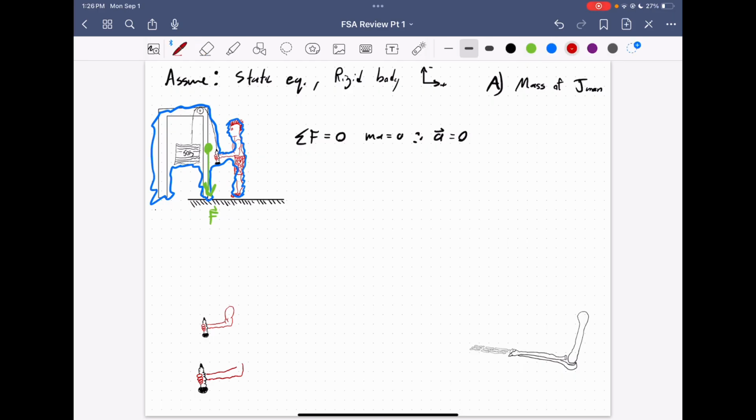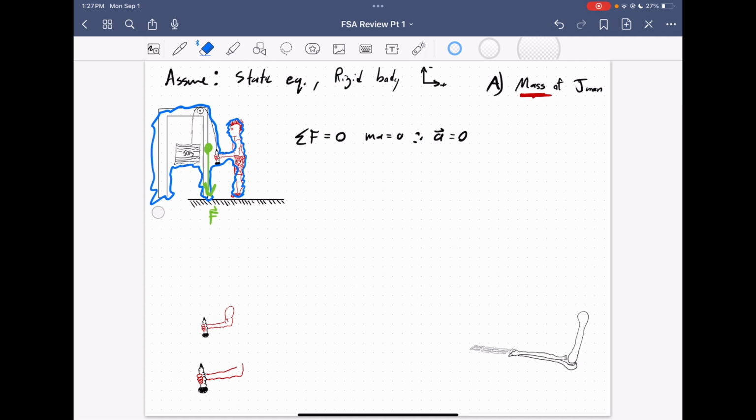So we know there has to be some ground reaction force. And in this case, it's shaped odd. And so you have 3 because it's a big block of ice with 3 things to the ground. Well, that does not help us find the mass of J-Man Jimothy, right?